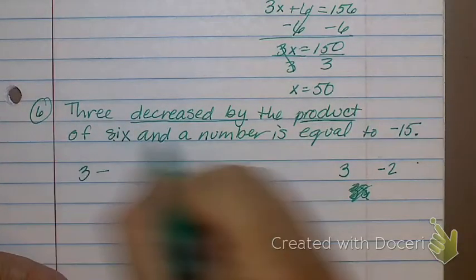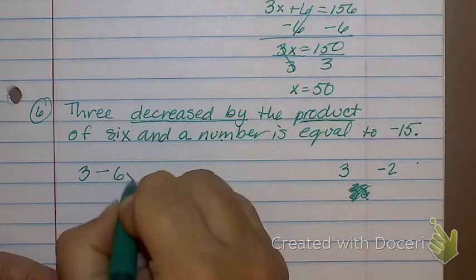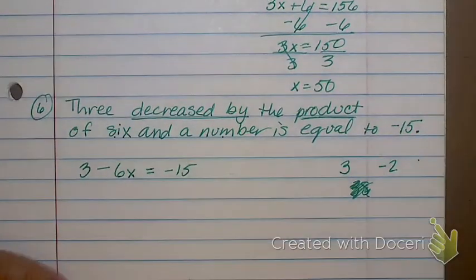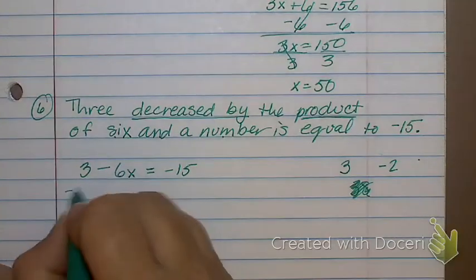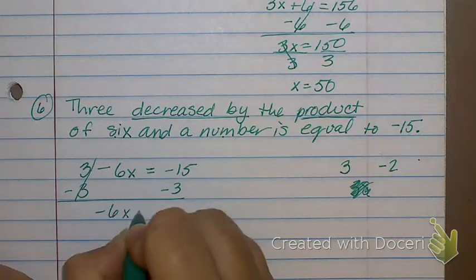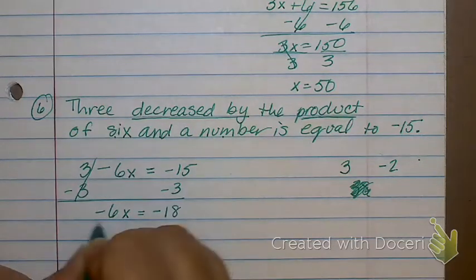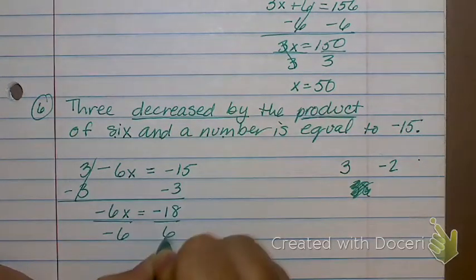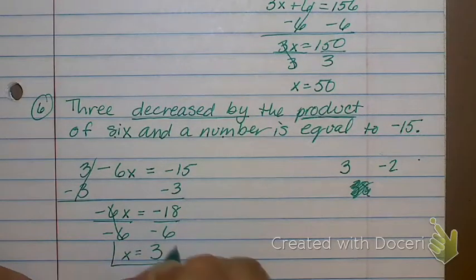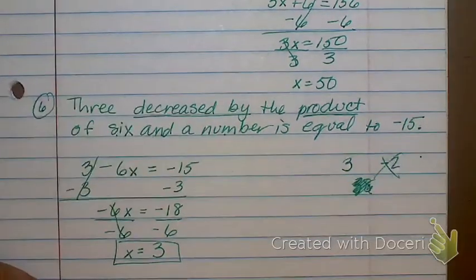So 6 and a number is equal to -15. That's where my brain goes. Subtract 3. Negative 6x equals negative 18. Divide by negative 6. And who's the winner? Negative 2. Sorry, negative 2s.